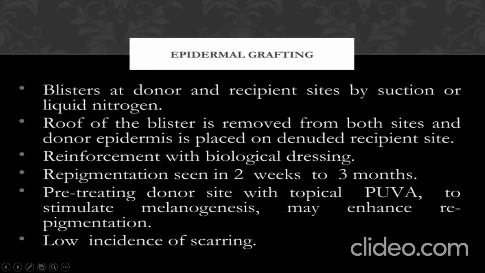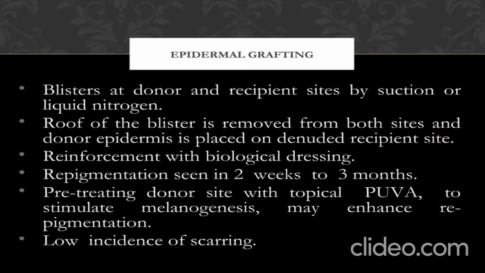First one is epidermal grafting. Blisters are raised at donor and recipient sites by suction or liquid nitrogen. The roof of the blister is removed from both sides and the donor epidermis is placed on the denuded recipient site. Reinforcement with biological dressing.